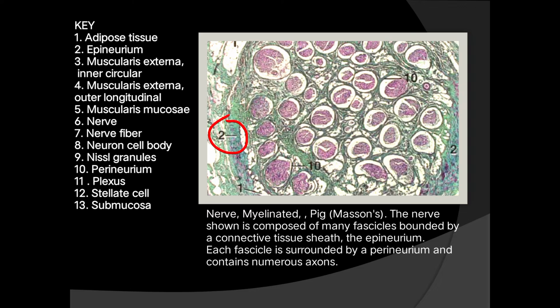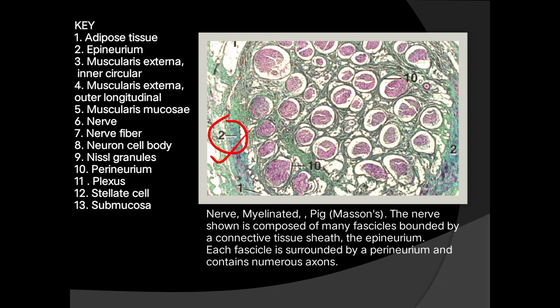Endoneurium means the covering of the nerve fiber. Then numerous nerve fibers combinedly form a bundle, covered by another connective tissue called perineurium. After that, numerous fasciculi combinedly connect and are externally covered by another covering called epineurium.